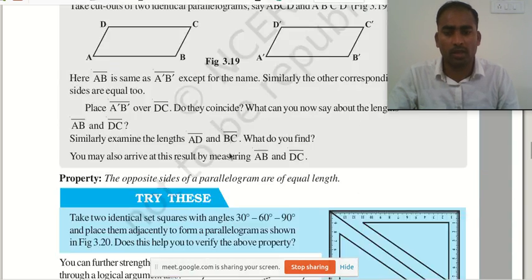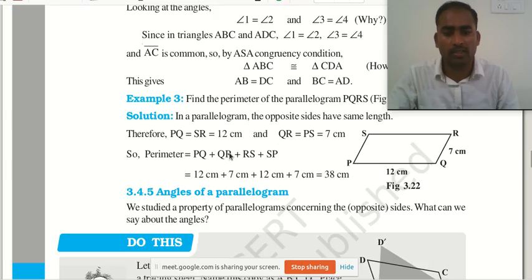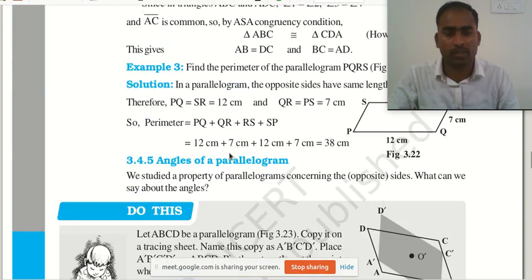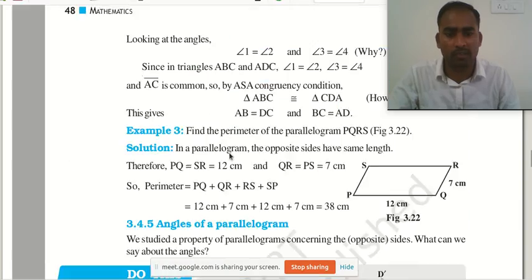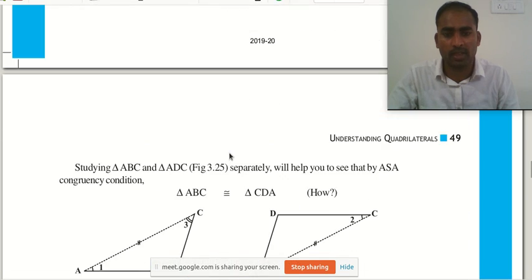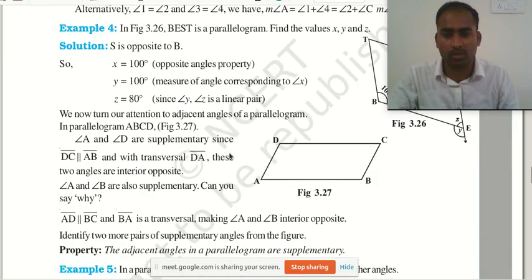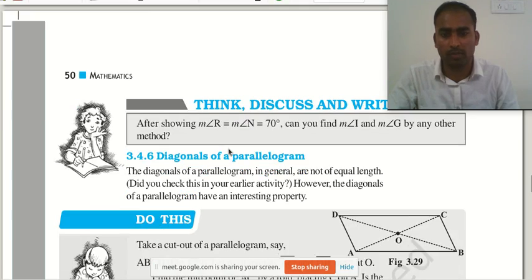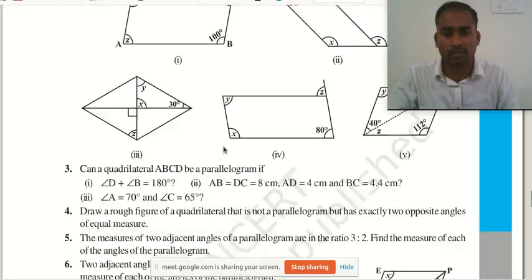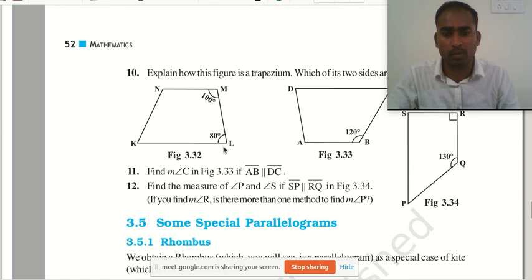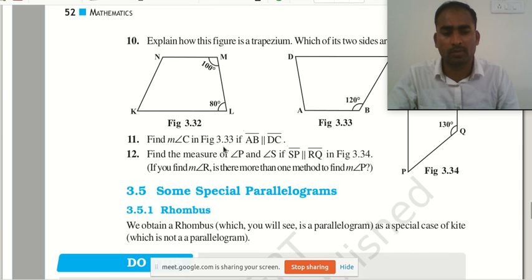Now we will discuss what the elements in the parallelogram are, meaning how we can measure its sides and how we can measure the angles. That we need to discuss. So shall I discuss today or tomorrow? We need to discuss the parallelograms, some exercise problems and some special parallelograms.